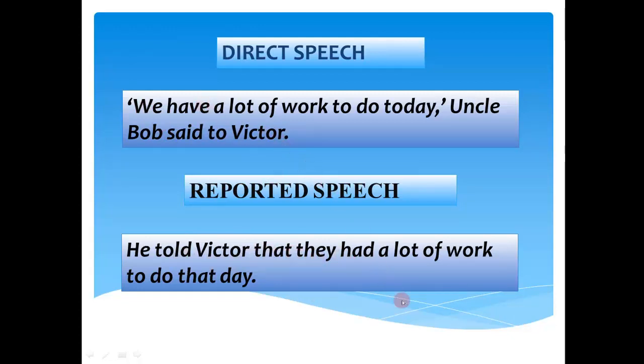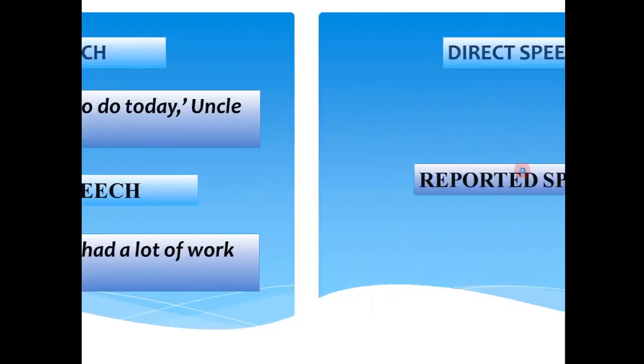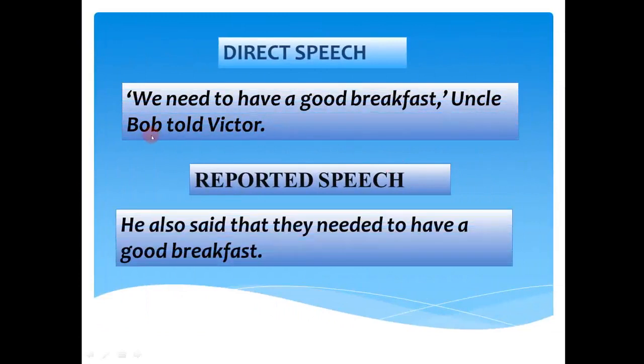Have becomes had, a lot of work to do. Today changed into that day. Another example. Direct speech: "We need to have a good breakfast," Uncle Bob told Victor. Reported speech: He also said that they needed to have a good breakfast.